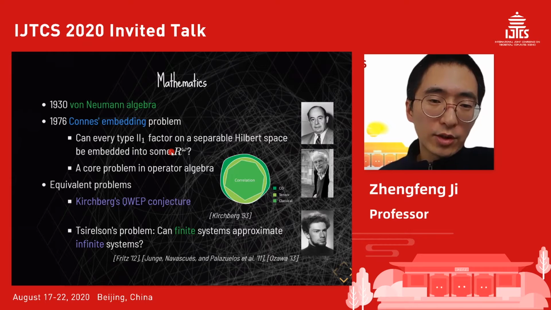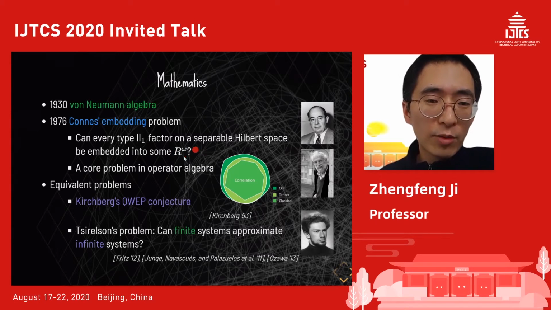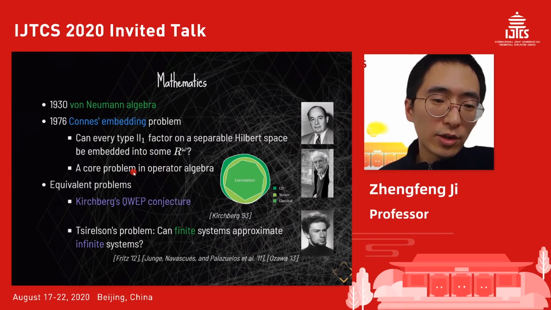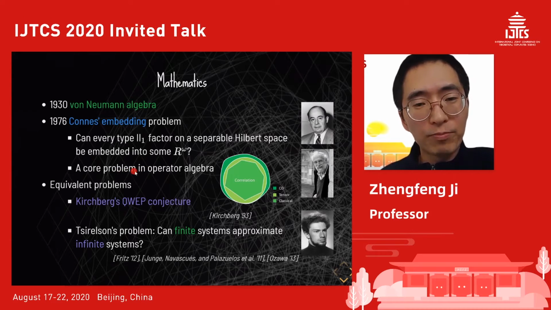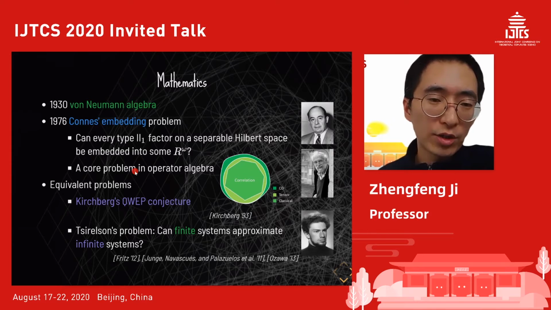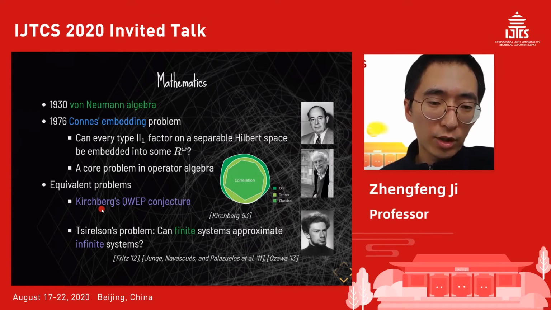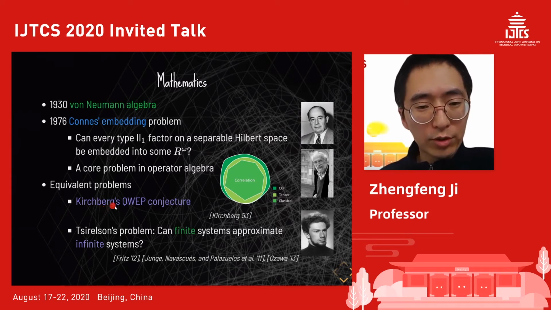It's not that easy to digest what it means, but it's a very important problem. It was not immediate; after maybe 10, 15 years, nobody had actually paid much attention. But the importance became clear when a lot of different mathematical problems were shown to be equivalent to this embedding problem. One problem is Kirchberg's QWEP conjecture.